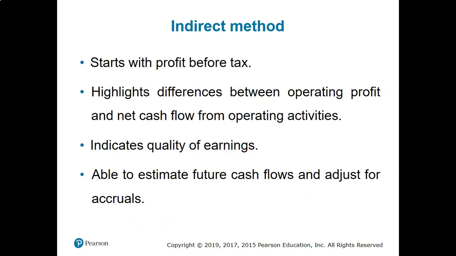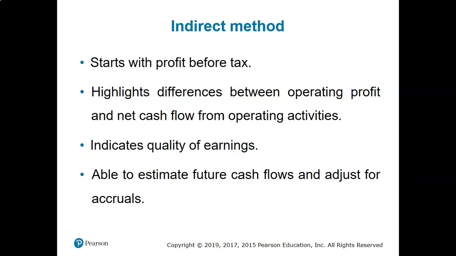And the indirect method, so make it clear. The direct method directly deals with cash transactions, but the indirect method calculates the cash positions from, see, it starts with profit before tax, right? Start with profit before tax. And obviously, profit and cash amounts are not equal.